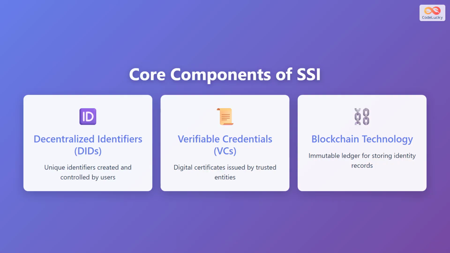These are digital certificates issued by trusted entities like universities, employers, or government agencies that confirm specific claims about you. And third is blockchain technology itself, which provides an immutable and secure ledger for storing and verifying identity records. Together, these three components form the foundation of a self-sovereign identity system that is secure, private, and fully under your control.